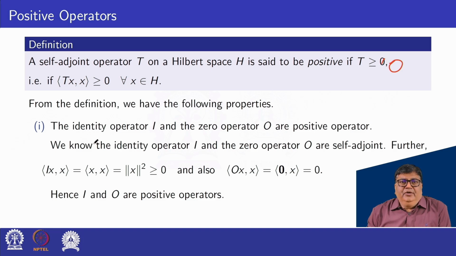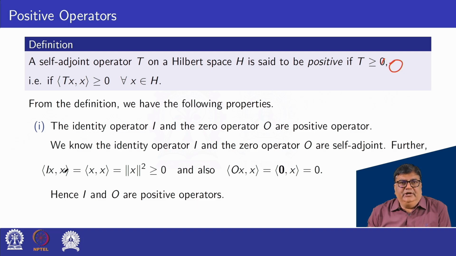Explanation. We know that the identity operator I and the zero operator O are self-adjoint. Further, the inner product of Ix and x is the inner product of x and x, that is norm x square. Norm x is always greater or equal to 0.